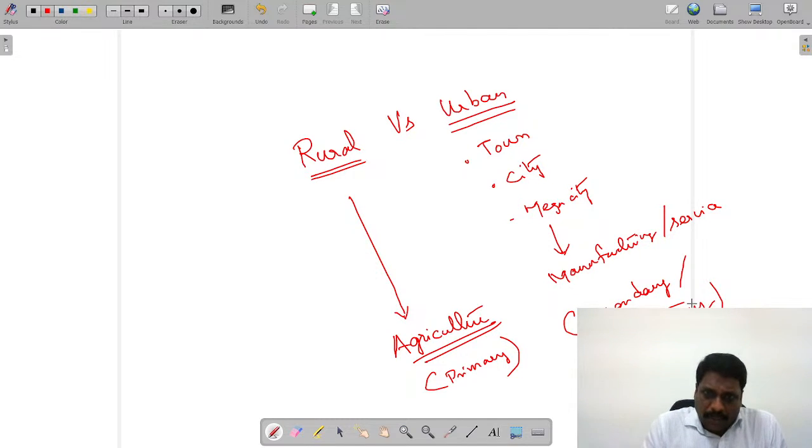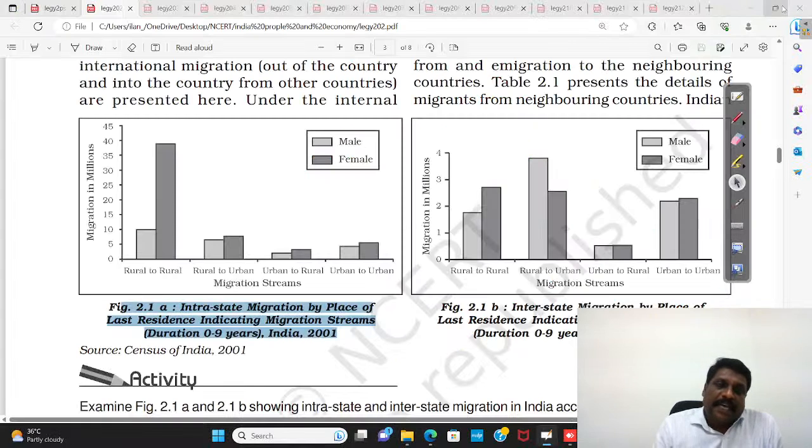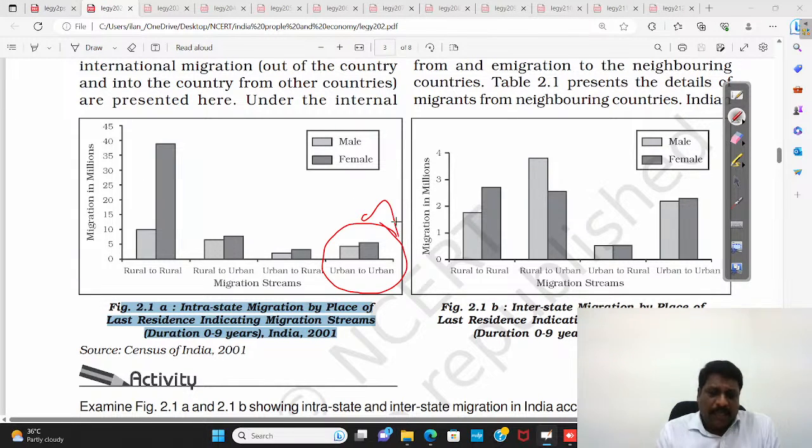I repeat, rural is an agro-based economy, right? Urban area is either a manufacturing or service-based economy. That's what the basic difference is. Having said this, if a person moves from rural area to rural area, or if a person moves from urban area to urban area, you call them as what?